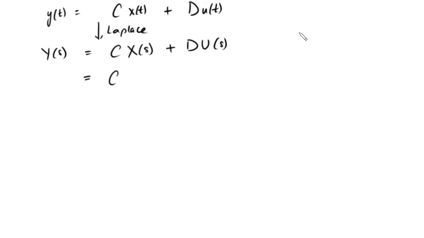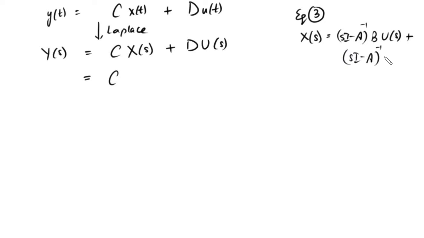So let me just write here what we had. So equation 3 derived previously was basically x of s is equal to (sI minus A) inverse B u of s plus (sI minus A) inverse x of 0. Okay, we'll plug that in here.